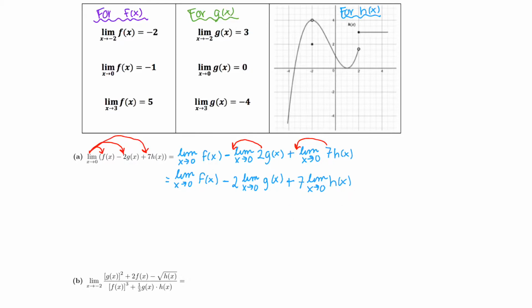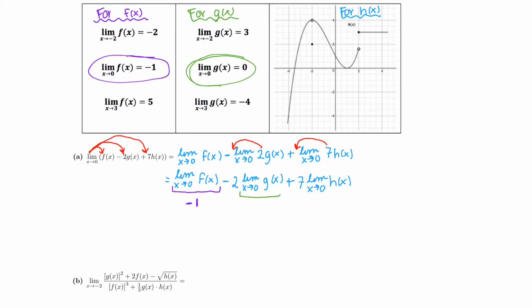So for instance, the limit as x approaches 0 of f of x, we have that right here. That's -1. The limit as x approaches 0 of g of x, we have that right here.